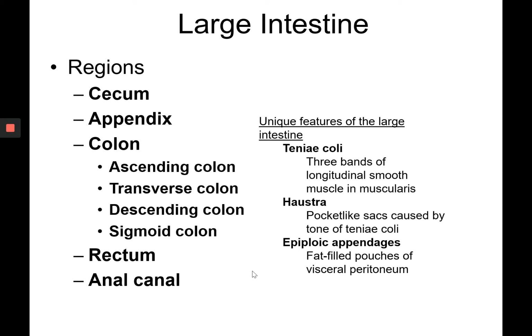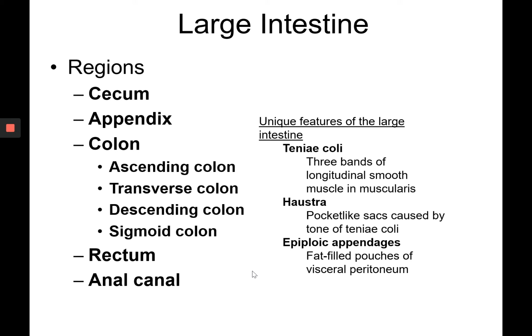There are some unique features of the large intestine: the taenia coli, haustra, and epiploic appendages. Epiploic appendages are just fat-filled pouches that we find in the visceral peritoneum that surrounds the large intestine. Haustra are pocket-like sacs that are caused by tone of the taenia coli. And the taenia coli are longitudinal smooth muscle that we find in the muscularis externa of the large intestine.